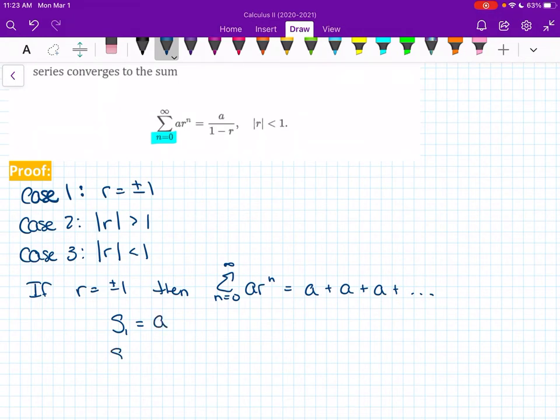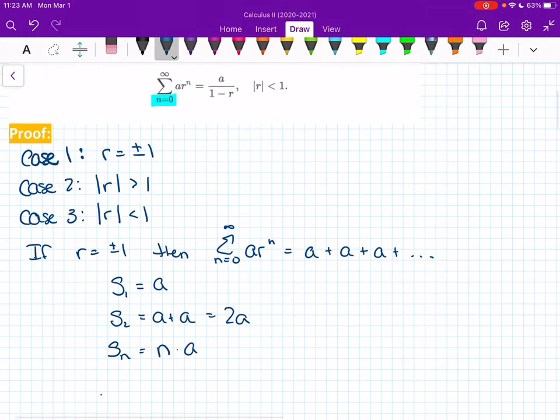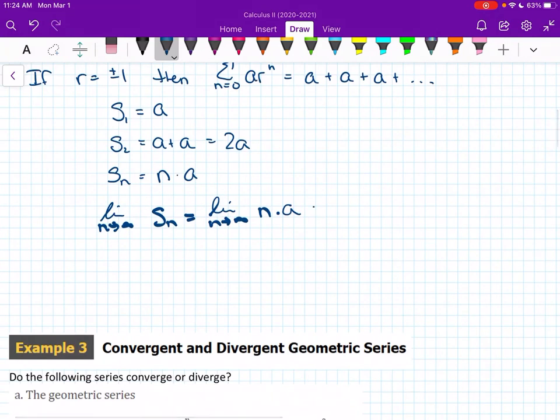Oh, yes, it's n times a. My second sum is a plus a, or 2a. Okay, so yes, my nth partial sum is n times a. And if I think about the limit as n goes to infinity of s sub n, which is the limit as n goes to infinity of n times a, I am going to get that it is infinity, so it diverges.